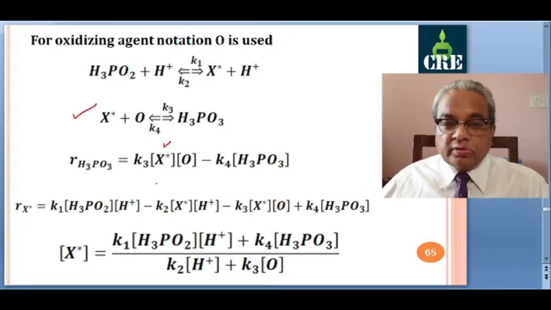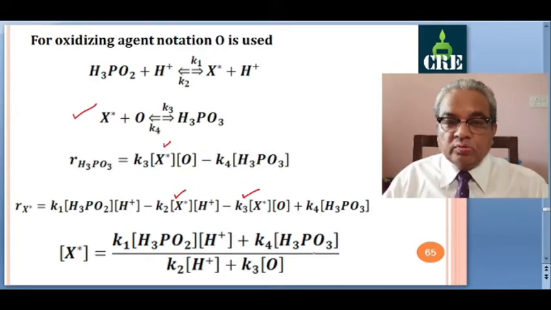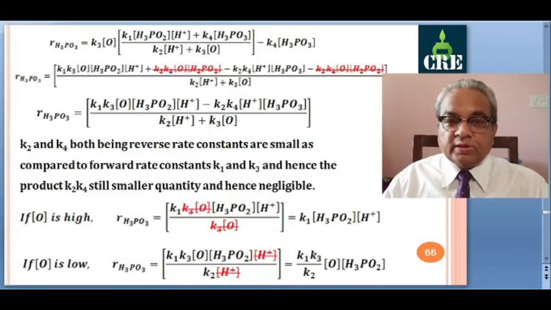So these terms with X star we transfer to the other side, and what is left is, when I take out concentration of X star common, k2 into H plus plus k3 into O, that will go in the denominator from this side. So what is left in the numerator? k1 H3PO2 concentration into concentration of hydrogen ion plus k4 into concentration of H3PO3. Okay, we know the rate of formation of H3PO3. So X star, this we will replace here.